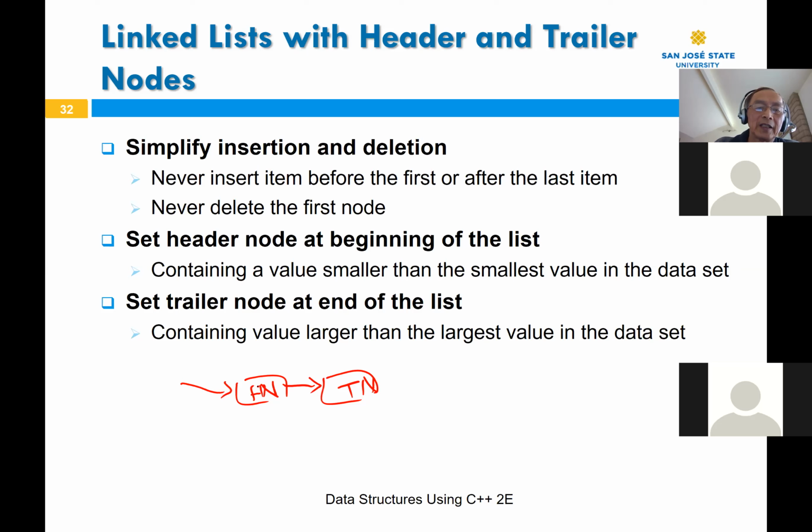So if the linked list is empty, it will have two nodes. At least the minimum number of elements in this type of linked list is 2, because you need to have a header and you need to have a trailer. Why do you do that?